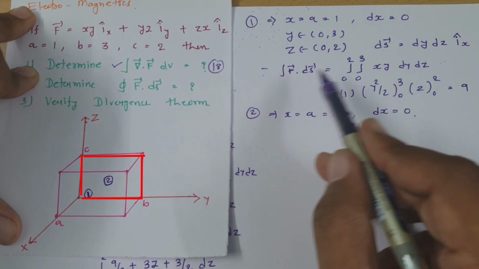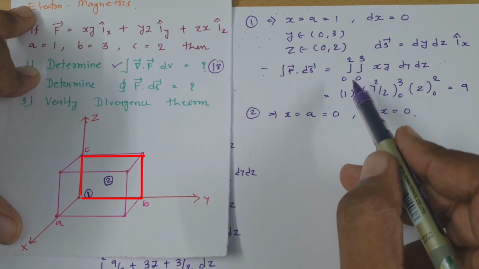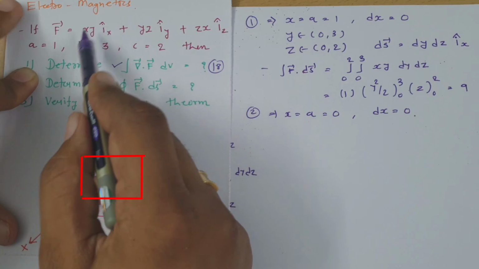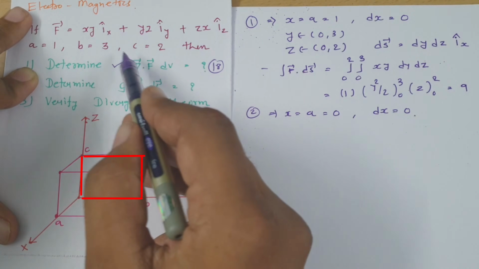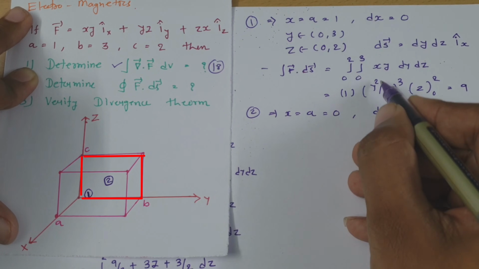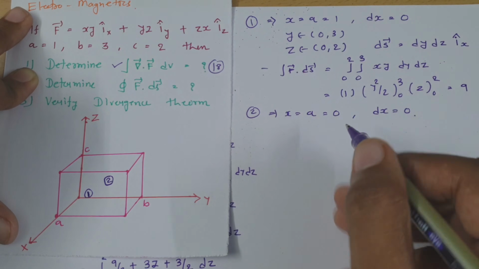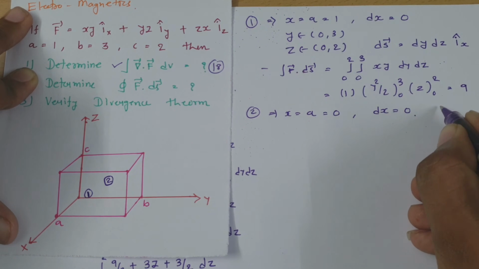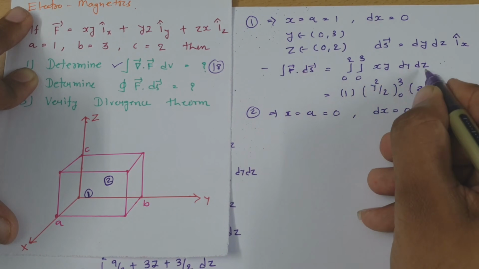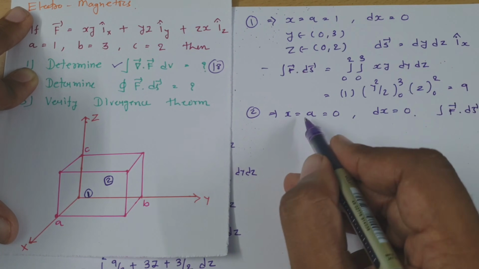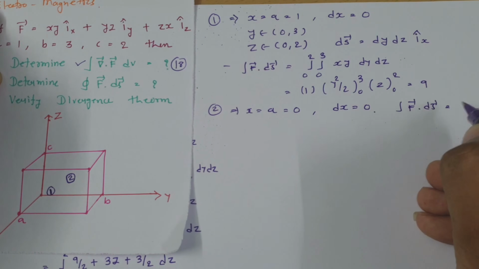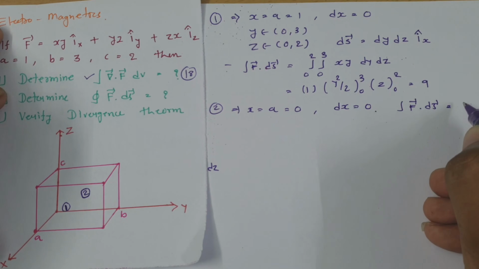So the surface integration is 0 to 2, 0 to 3, xy dy dz, as only the i component is there. But if you place x equal to 0 in this, you'll be finding this surface integration will be 0.